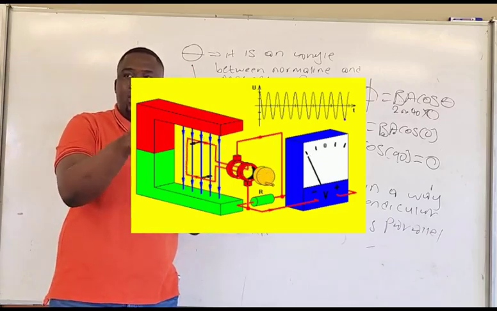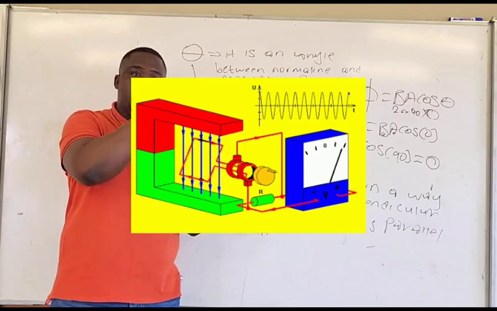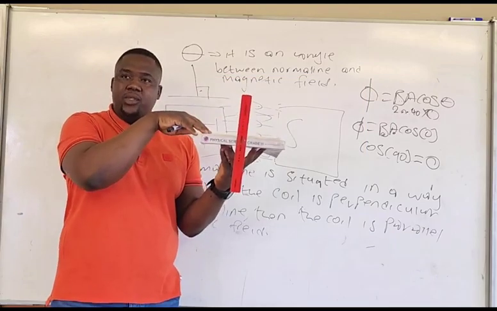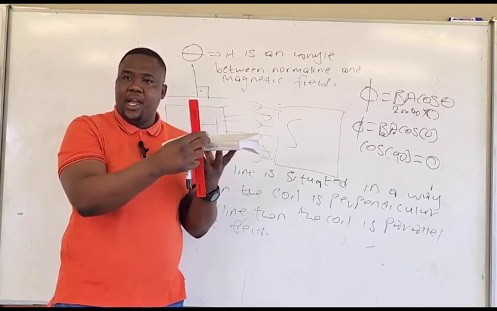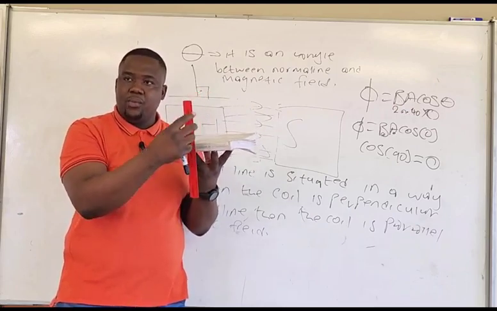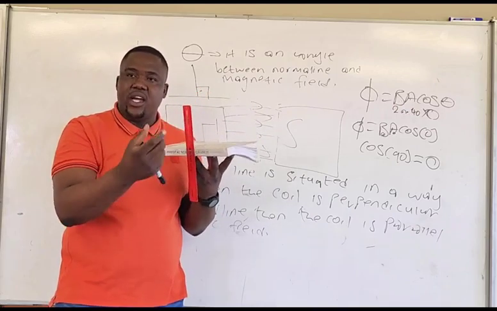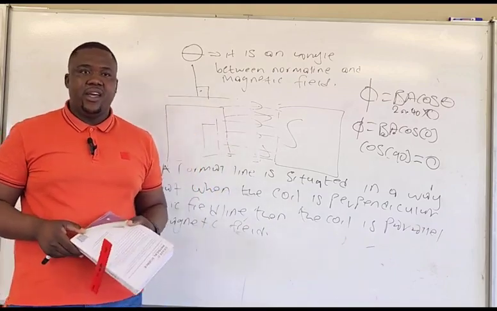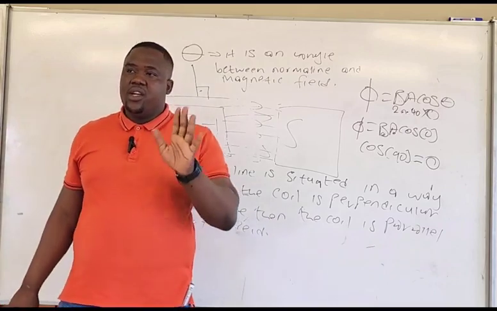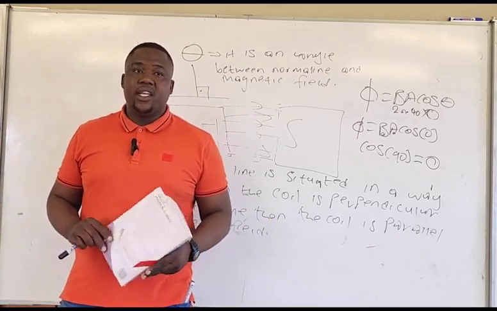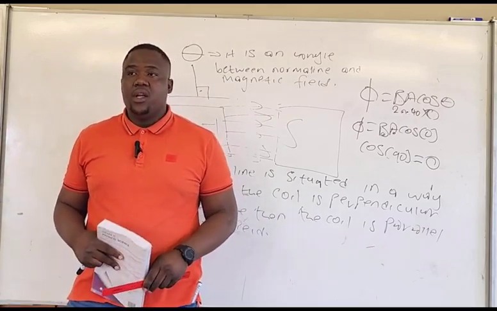Why is it falling? Because at a certain position, the normal line is perpendicular to the magnetic field line, and when it is like that, we're going to have 0 induced voltage. The magnetic flux is going to be 0. So the normal line is very important, and the position of the coil is also important because they tell you something.